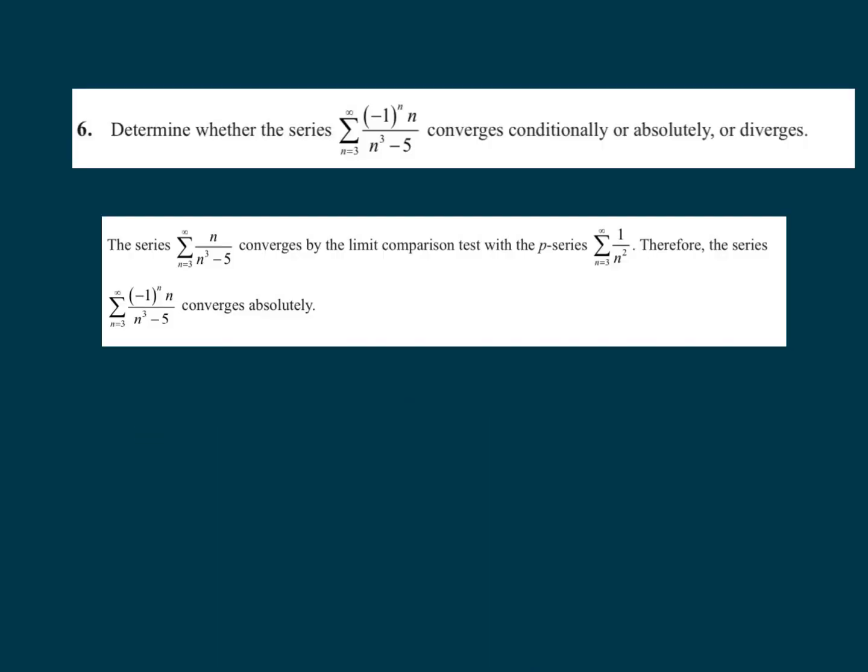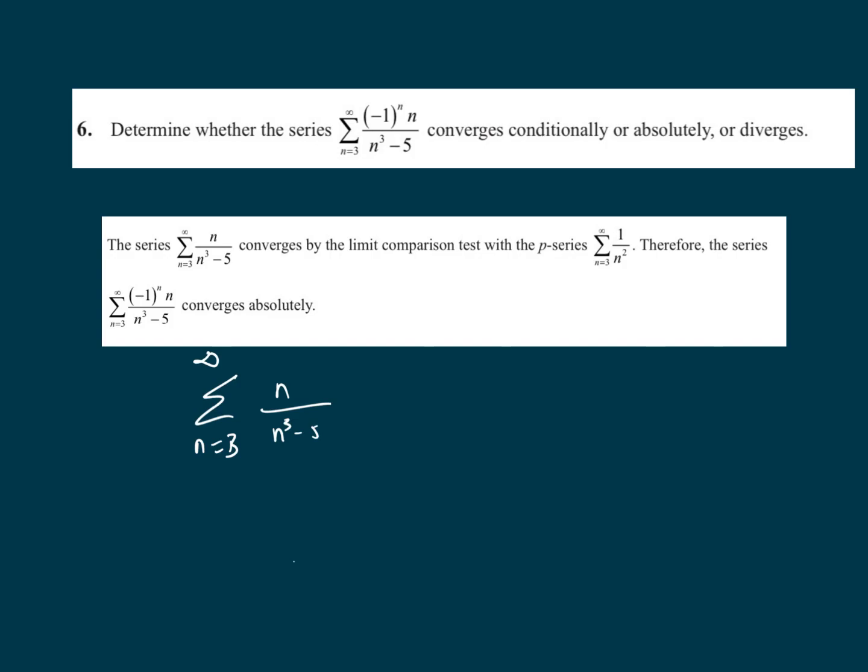Okay, now let's determine whether the series of (minus 1) to the n multiplied by n divided by n cubed minus 5 converges conditionally, converges absolutely, or diverges. Let's write a few terms of the series. Let's first write the absolute value of the series: the sum from n equals 3 to infinity of n divided by n cubed minus 5.